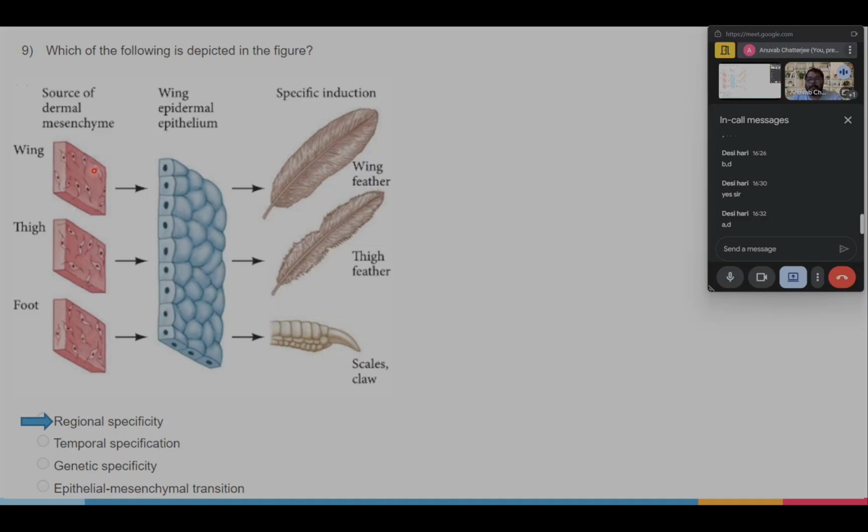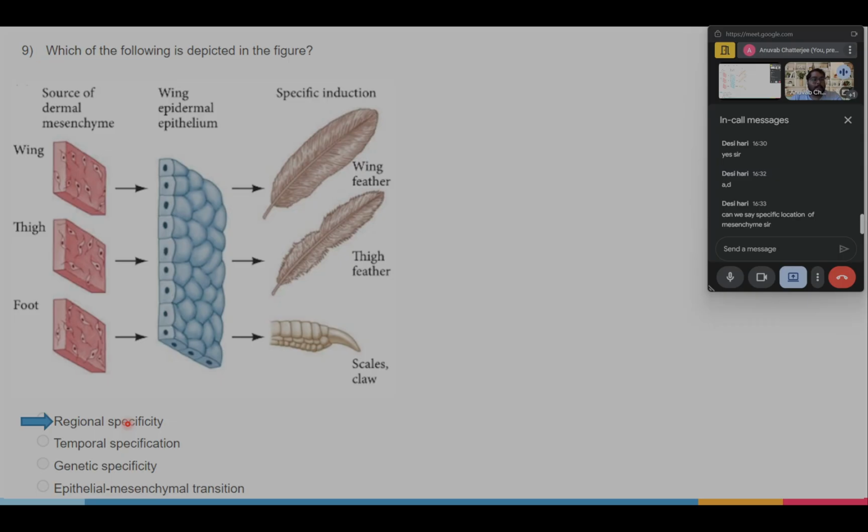The wing mesenchyme sends out the signal to form the wing feather. The thigh mesenchyme sends out the signal to form the thigh feather. The foot mesenchyme sends out the signal to form scales and claws. The epithelia is competent to form anything, but which region is inducing it will determine what final structure will form. So this is an example of regional specificity.